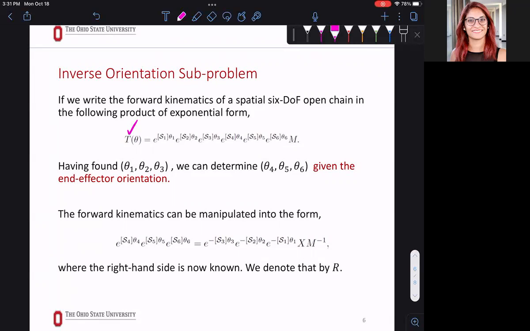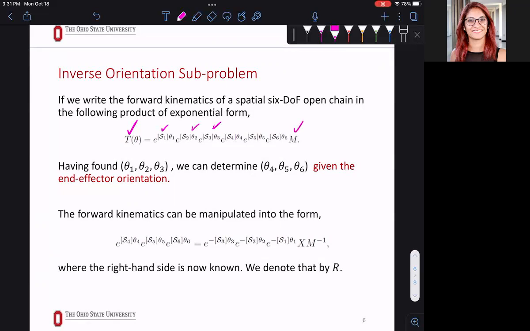Theta 1, theta 2, theta 3 are already solved. We also know S1, S2, S3, so we can find bracket S1, bracket S2, and bracket S3, because we have the direction of the rotation axes.